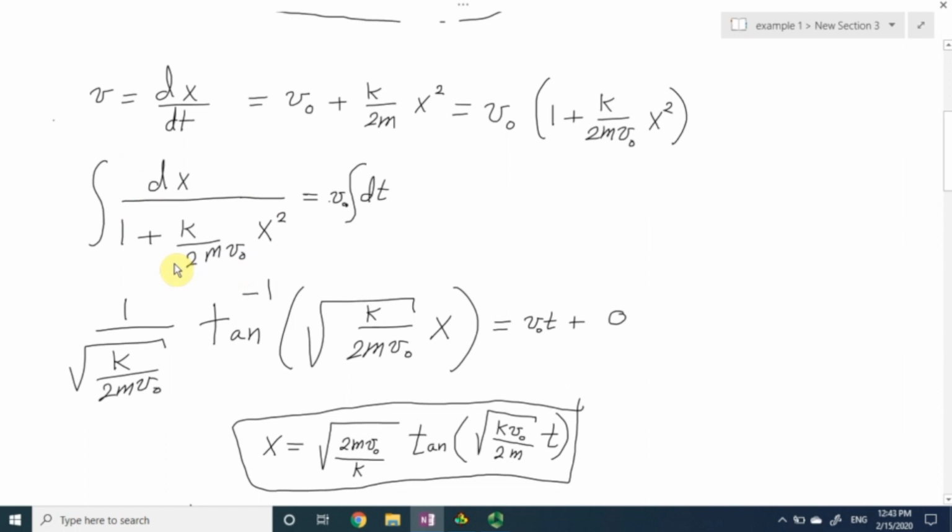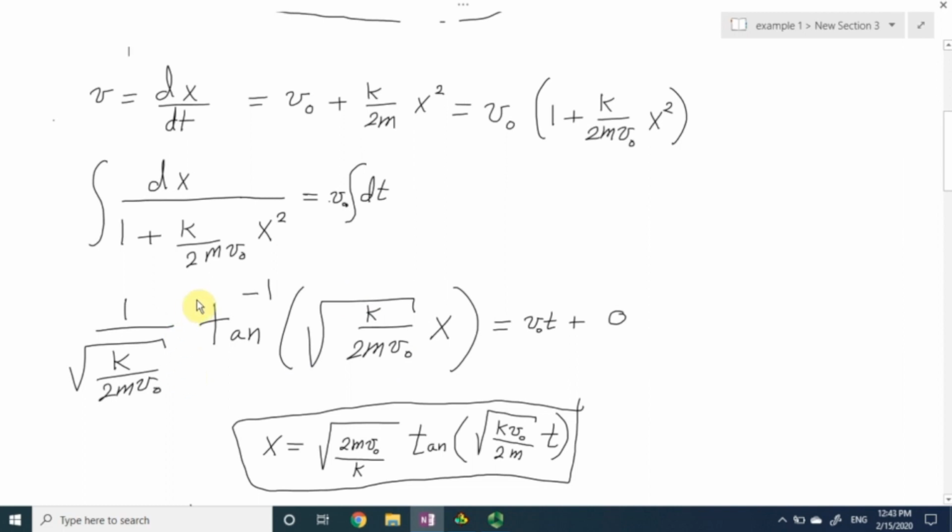That's a really known integration, which is the tan inverse of the square root of this term here. So the answer is tan inverse of the square root of k over 2 m v naught multiplied by the location x, and I'm dividing by a constant, the constant with the argument x.